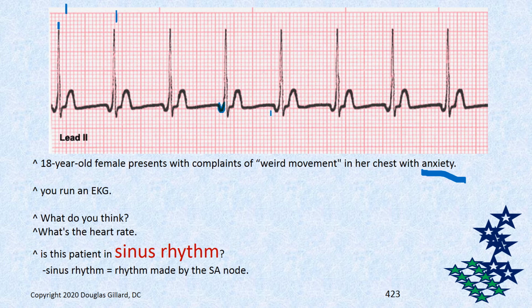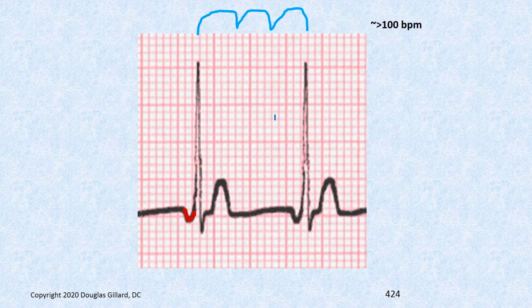And we can be even more specific: where is the ectopic focus occurring? Because the P wave comes before the QRS complex, it is arising in the proximal part of the AV node or the AV node approach tracts. Got it? Is the patient in sinus rhythm? No way, right? The SA node is knocked out of action. This is an arrhythmia. It's technically a supraventricular tachycardia.